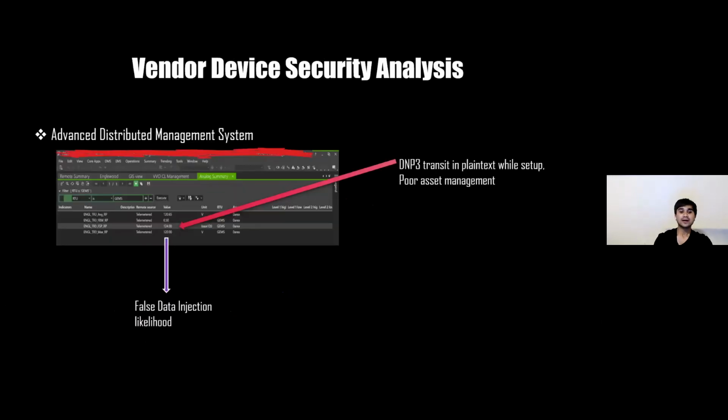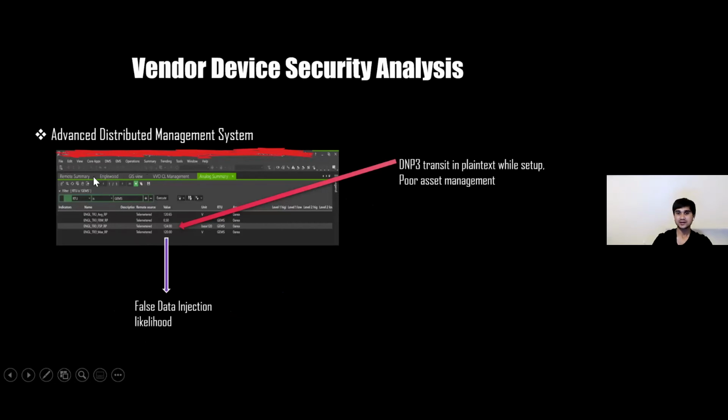Another utility that I was testing was Advanced Distributed Management System. While auditing the ADMS software, I can relate the flaws to our packet capture scenario. There are no signs of encryption here, and no tools or import functions for cryptography.